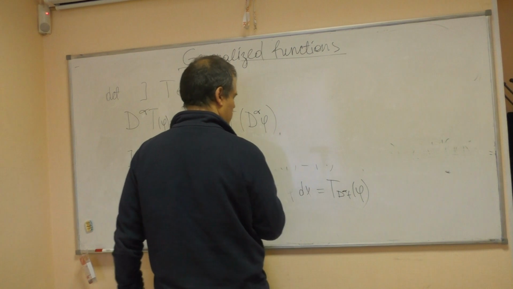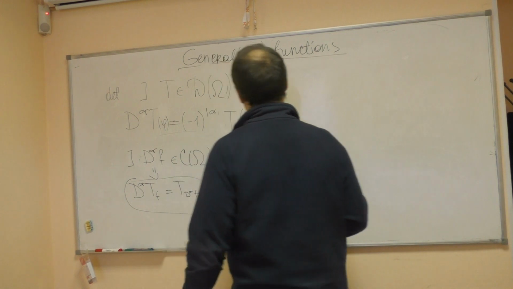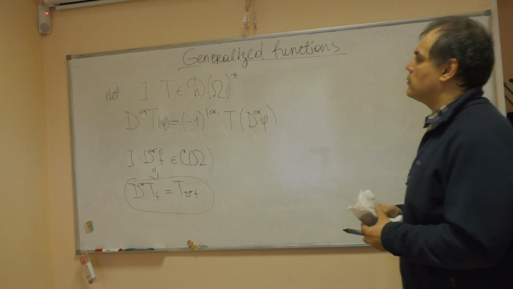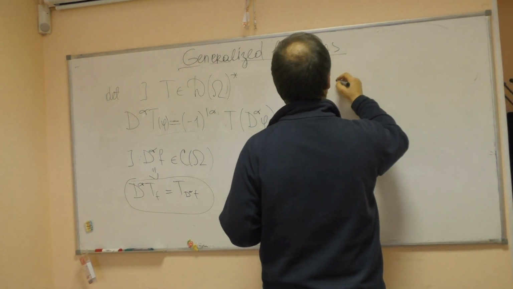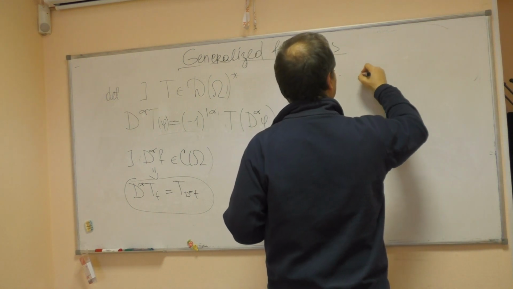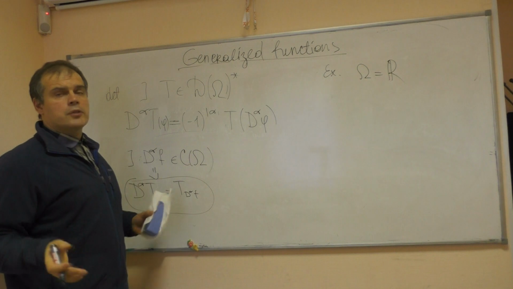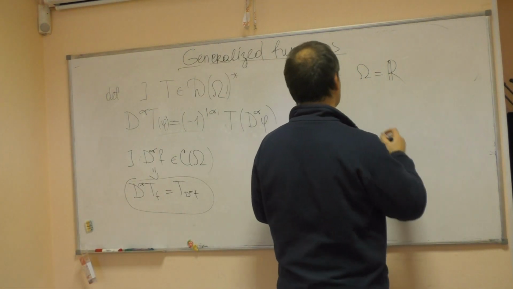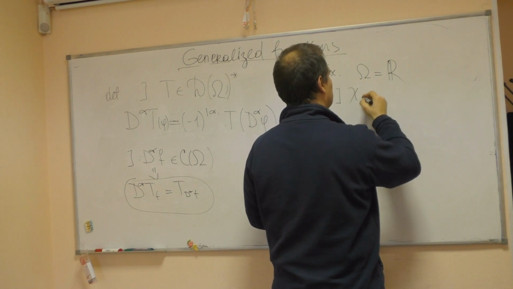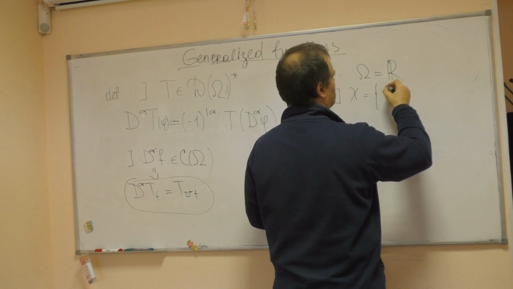But we can now define and calculate derivatives of any functions. For example, let us consider omega equal to the one-dimensional space of real numbers, and phi is the so-called Heaviside step function.